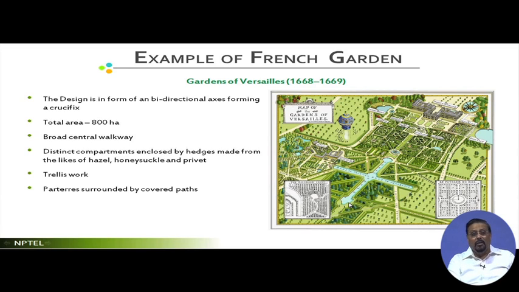So the point is these are pathways, different parts of different zones that they have created, and there are trellis and other such items. And central water features such as fountains were very essential for French landscape styles. Now, if you look at the entire plan, what I will discuss next is the different elements.